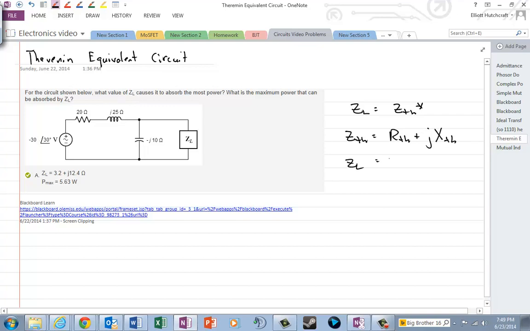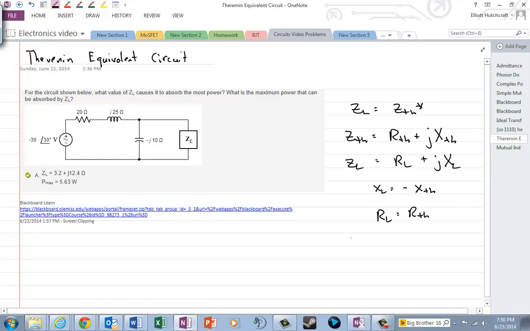If ZL were equal to RL plus jXL, you can see if XL equals minus X Thevenin, then those two imaginary terms cancel, and we're left with R Thevenin and RL, and we already know that RL needs to be R Thevenin, like is the case for everything purely real.